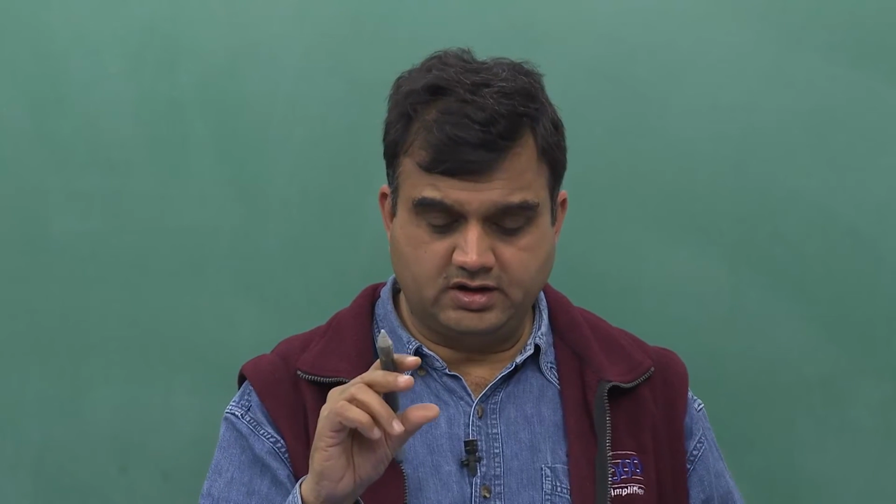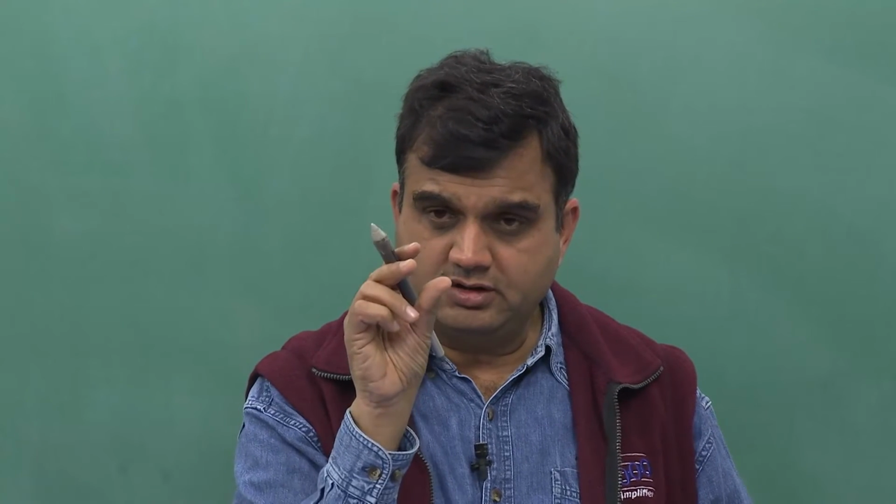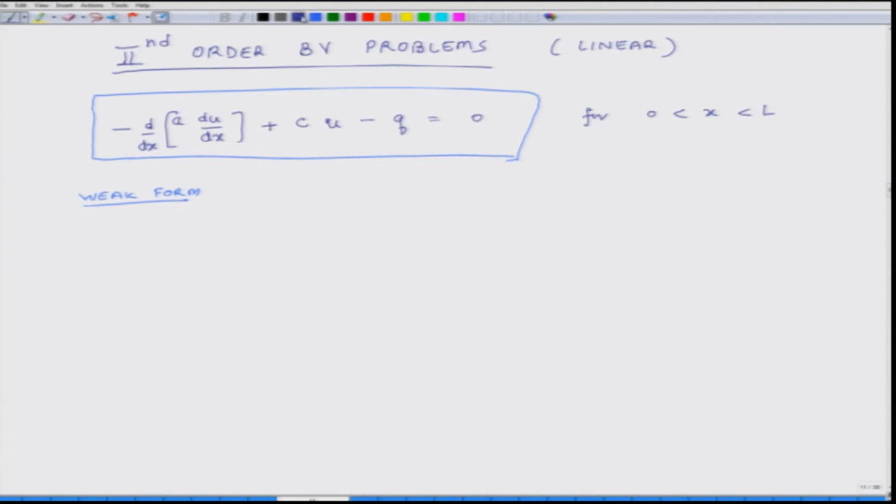We will create a weak form which will be applicable to a small element. Suppose this is my entire domain, x equal to 0 to x equal to L. I will break this up into small elements, and for the eth element I will write down the weak form.